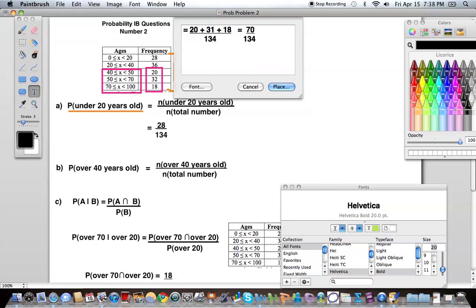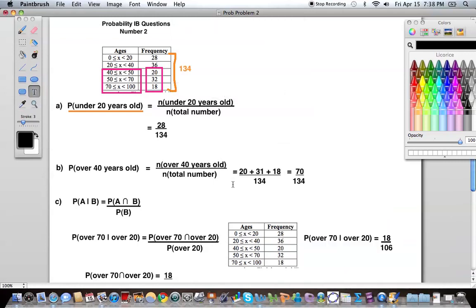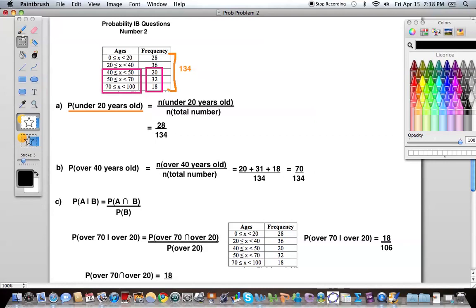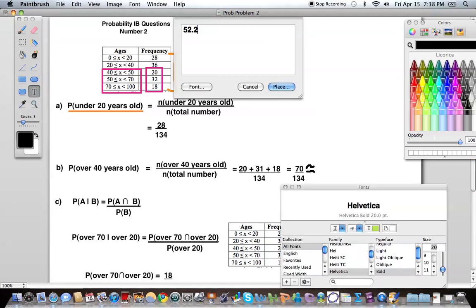And of course, on your test, you will be expected to either reduce this fraction, put it into decimals, or put it into percents. In this case, I'm going to put it into percents, and I'm going to say this is approximately equal to 52.2%.